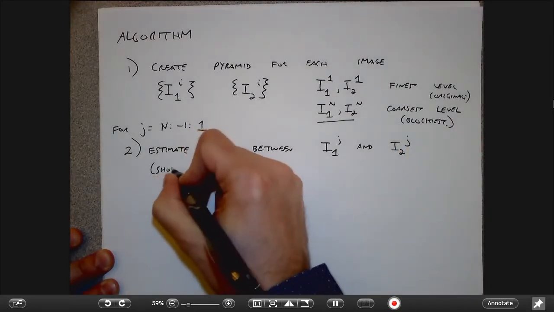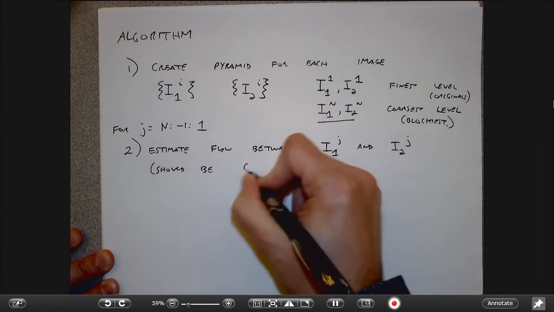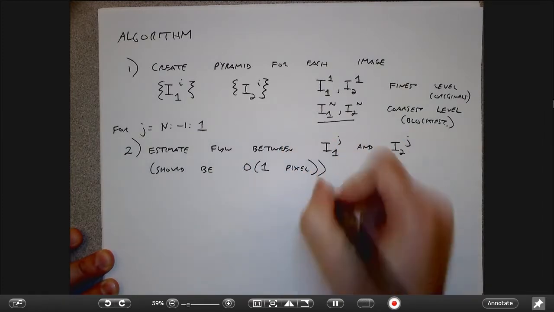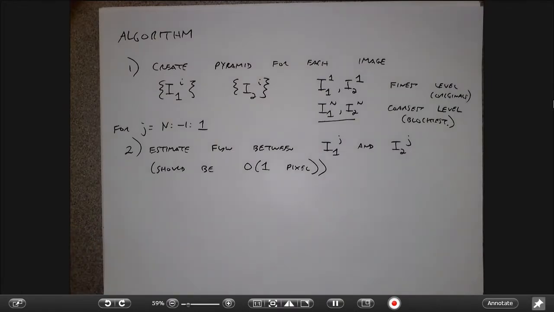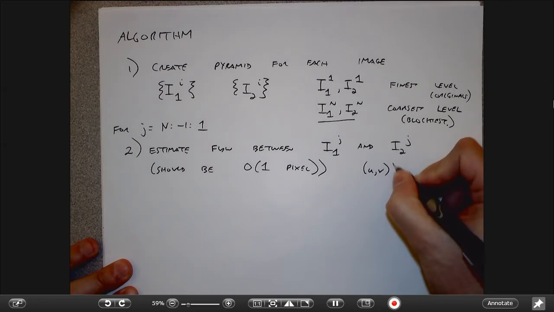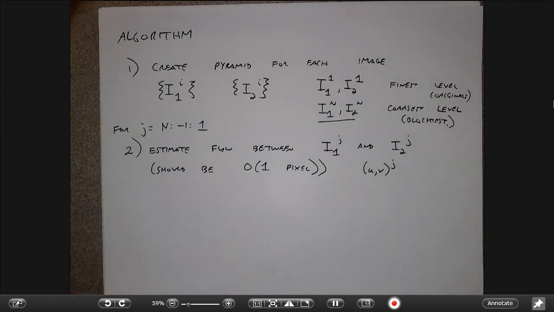And this should be on the order of a pixel at that level, more or less. Okay? So this is going to give me a flow field at level j. Okay?